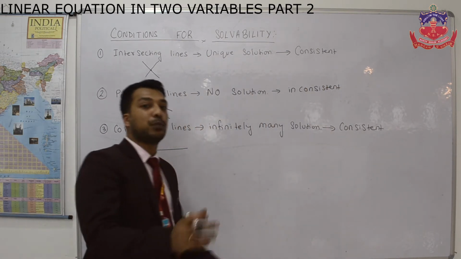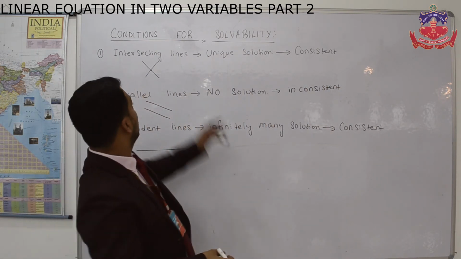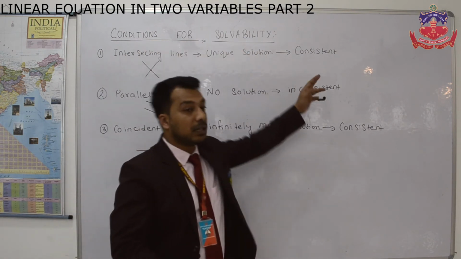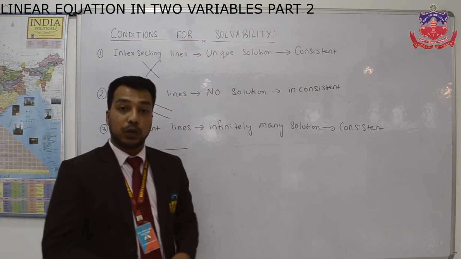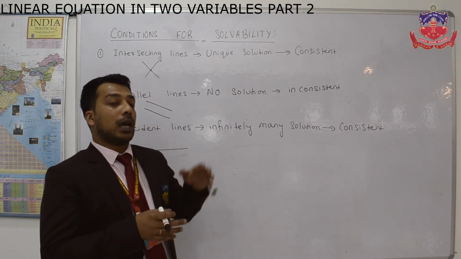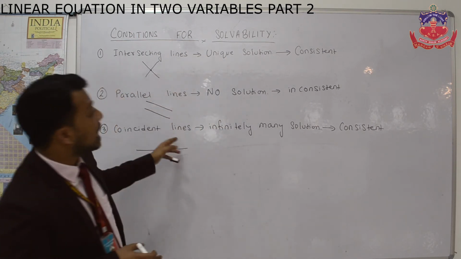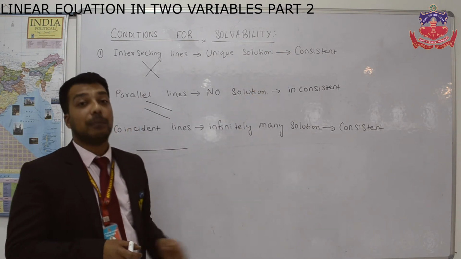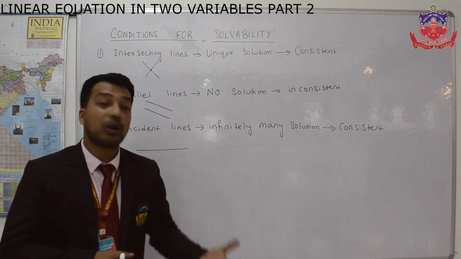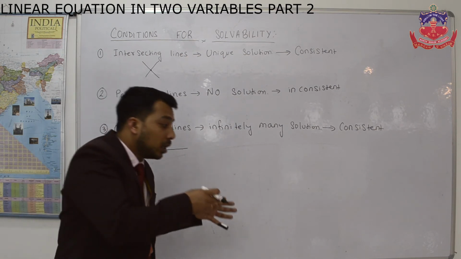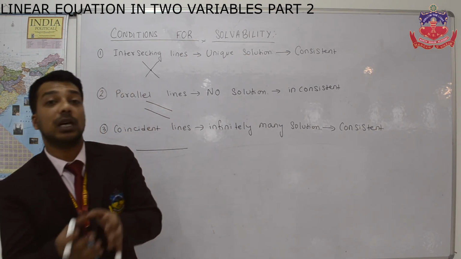Now the next problem that arises is that intersecting is also known as consistent, and coincident is also known as consistent. So if the two lines have the same name, the problem can be, if I am talking about consistent, am I talking about the intersecting or the coincident?